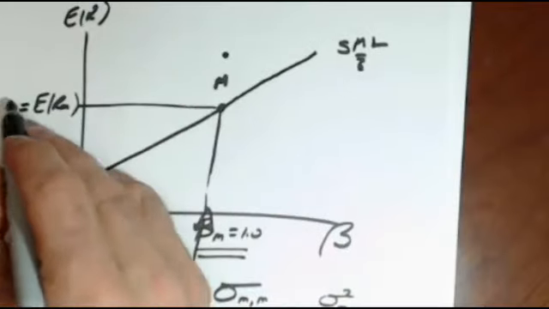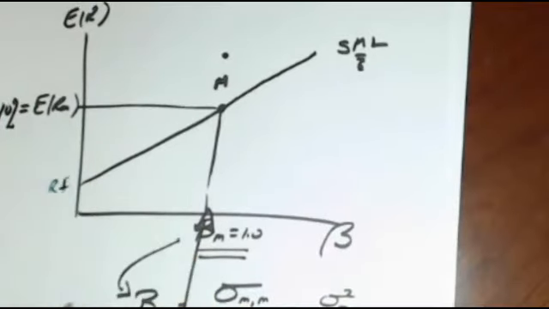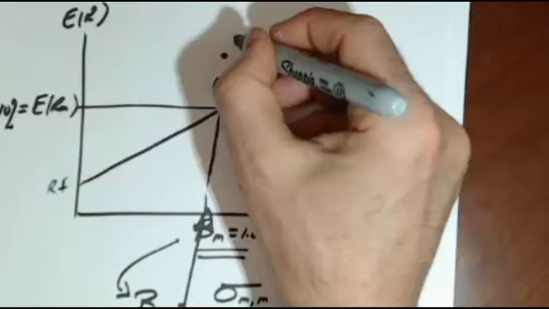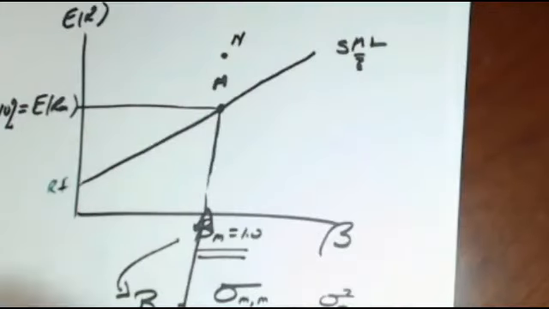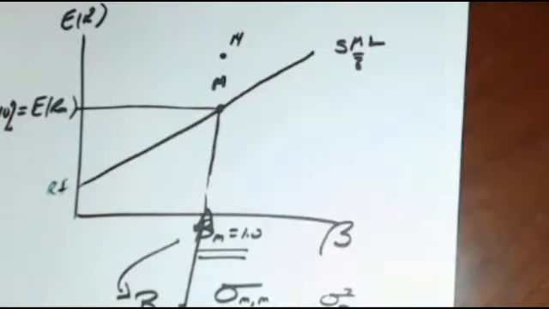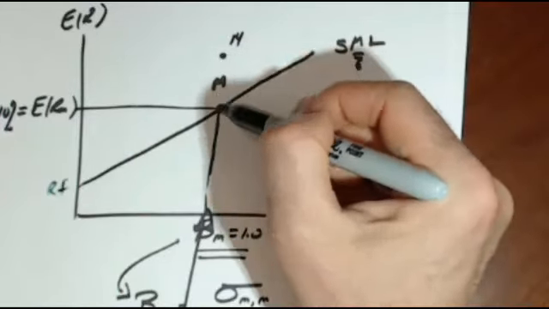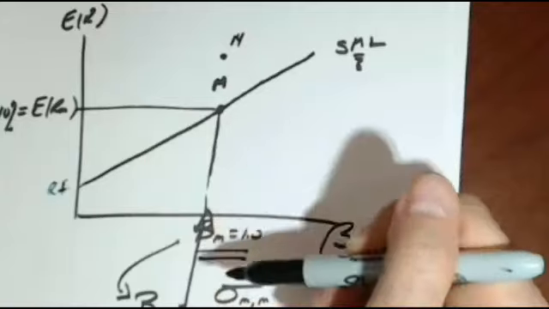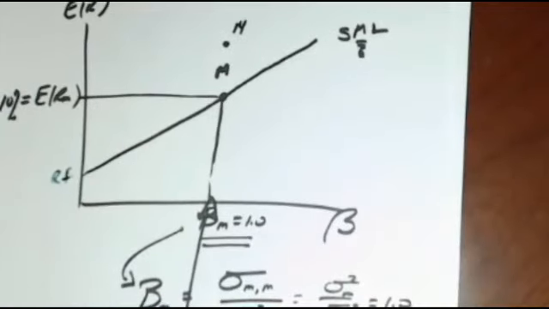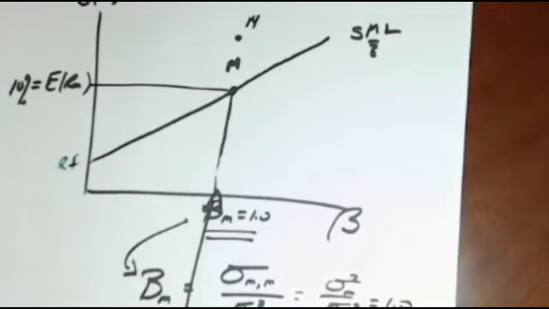We expect a 10% return on the market, and then you expect a 14% return on a particular stock, and this stock has a beta of 1. It happens to have the same beta as the market. So basically, you're looking at a stock that behaves just like the market. It moves up and down with the market pretty similarly.